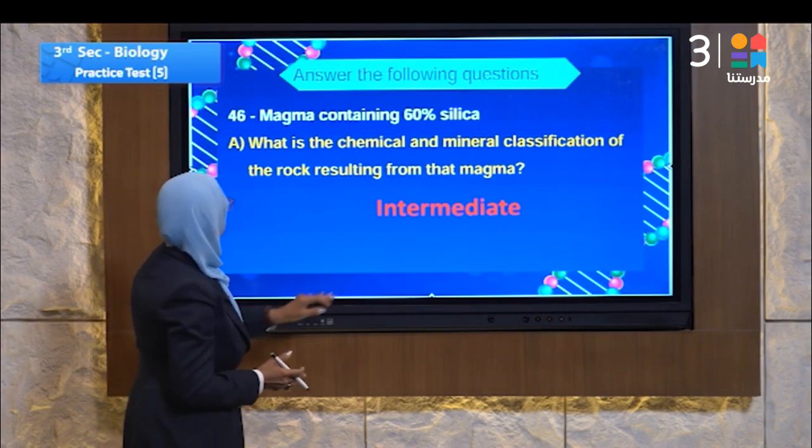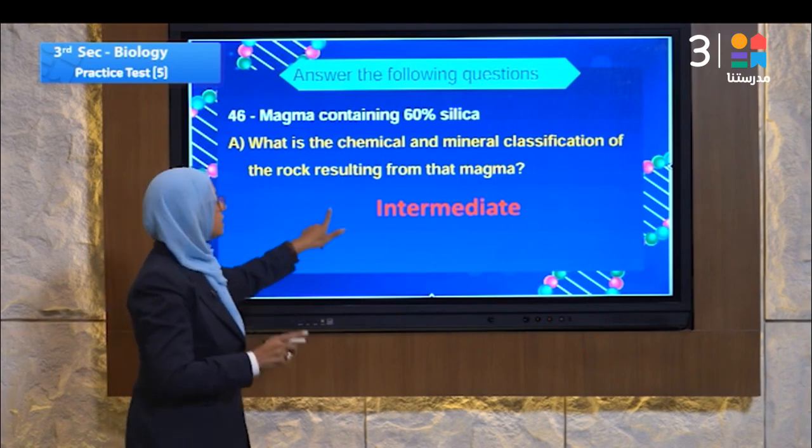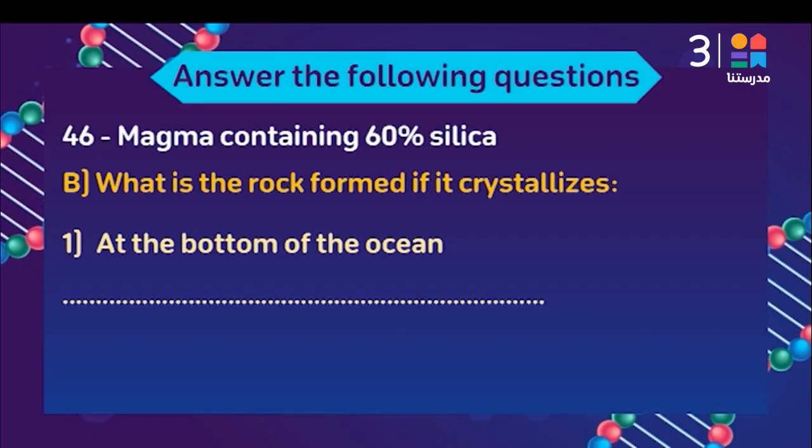So, that's A. We must find B. B speaks about what the rock is when the silica percentage is 60%. What is the rock formed if it crystallized at the bottom of the ocean?